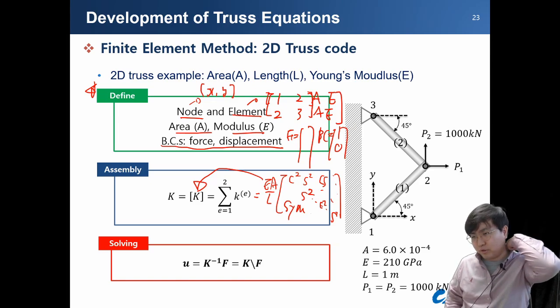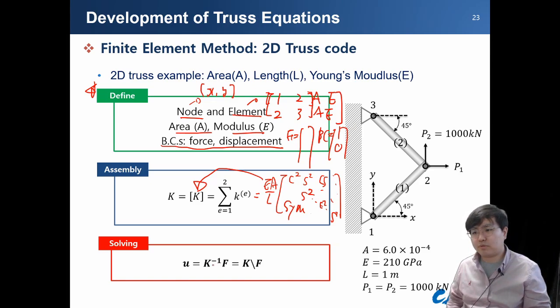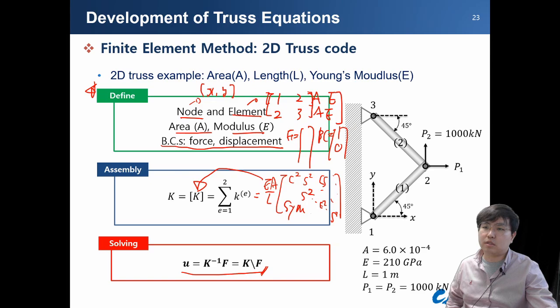After you obtain the assembled global stiffness matrix and apply the boundary condition, you can obtain the displacement solution.